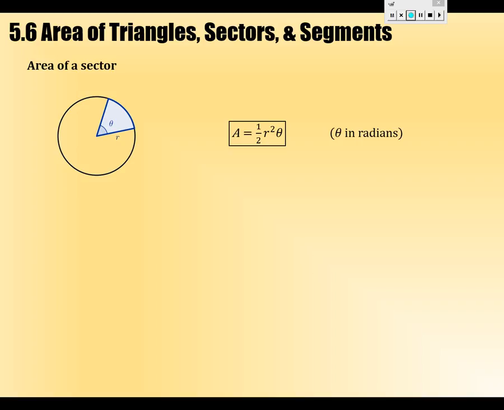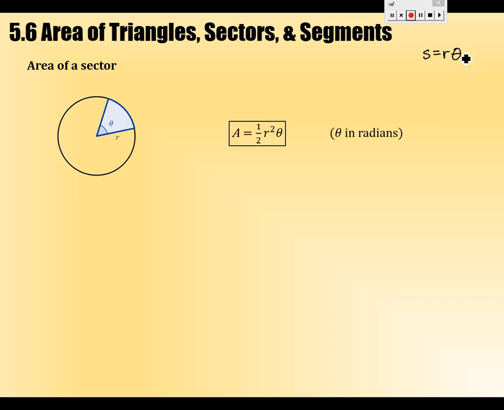Which, by the way, puts to mind this formula from back earlier. Do you remember the arc length formula from day 1 of this unit? That also makes me think, if that's the arc length formula for just a small arc of size theta, what if we let theta be 2 pi? What formula do you get? If you look for the arc length of the whole circle, don't you get 2 pi r?